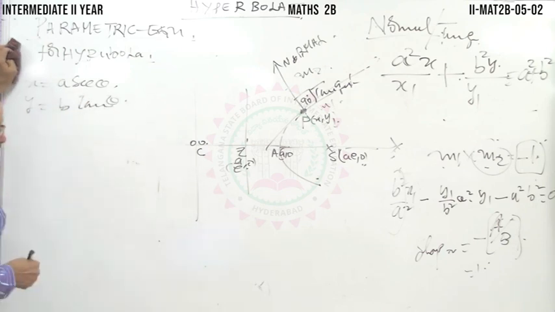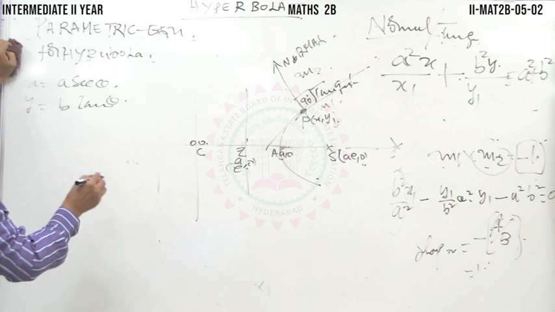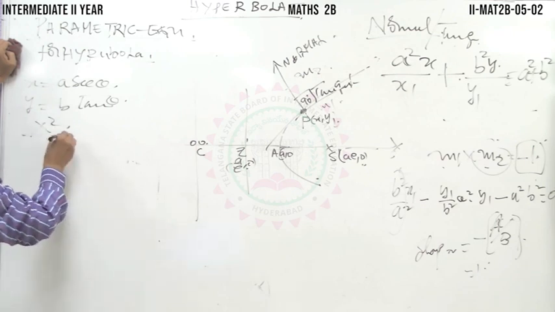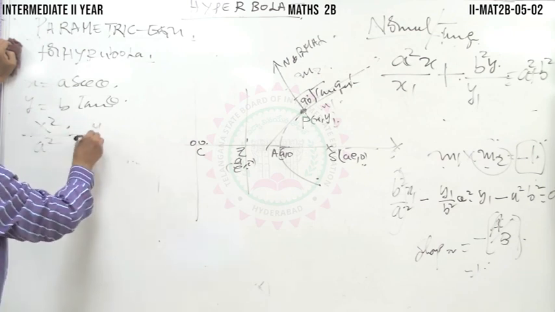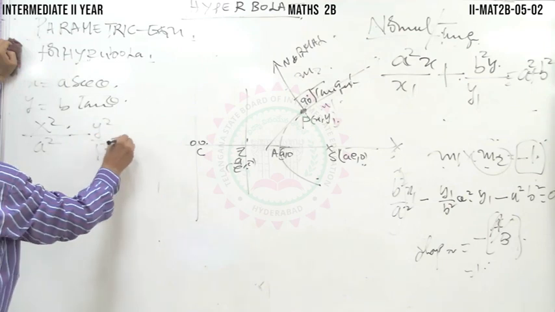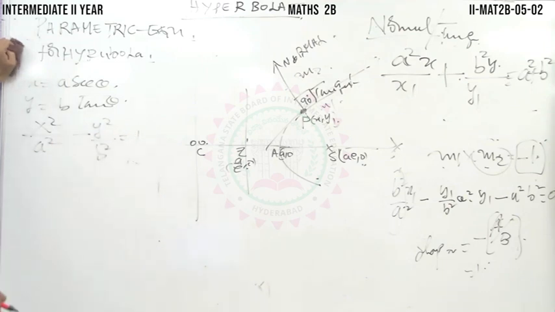The reason is known to you. We have x square by a square minus y square by b square is equal to 1. Why am I saying it is known to you? Because you are masters in trigonometry already; in first year you have completed it. Now you have come to the second year and you have experienced a lot of trigonometrical equations.